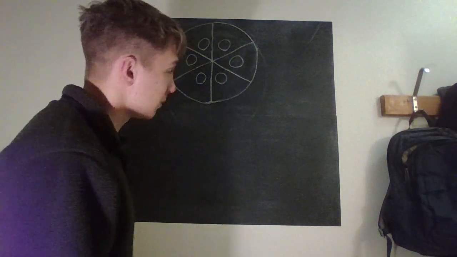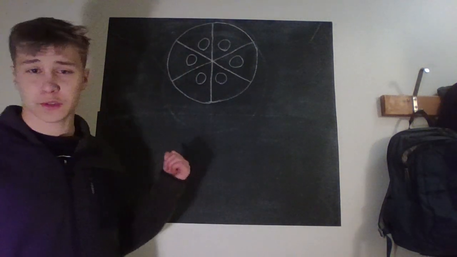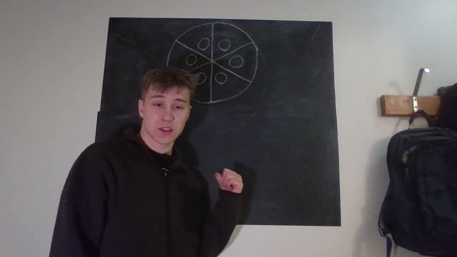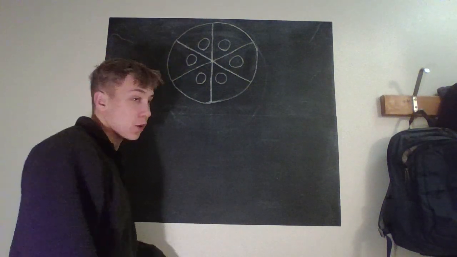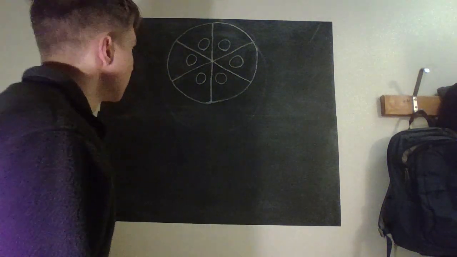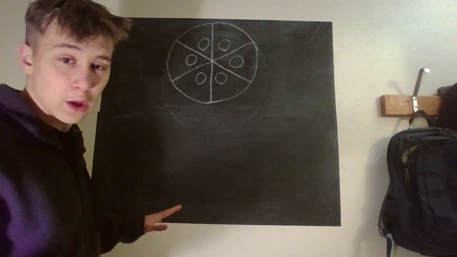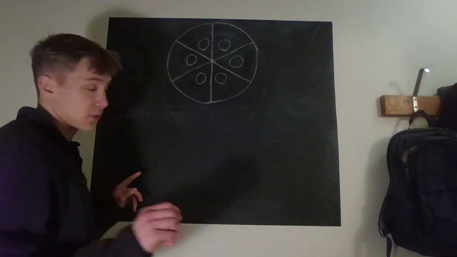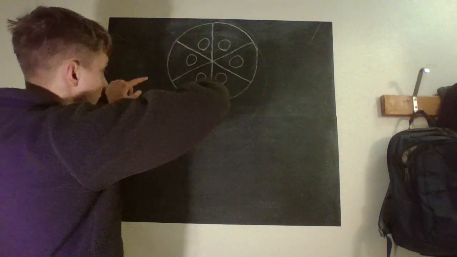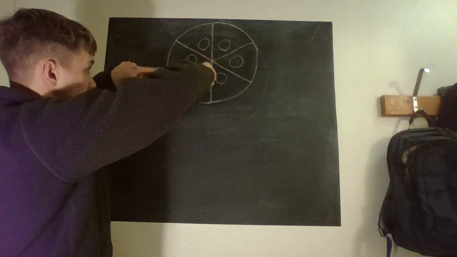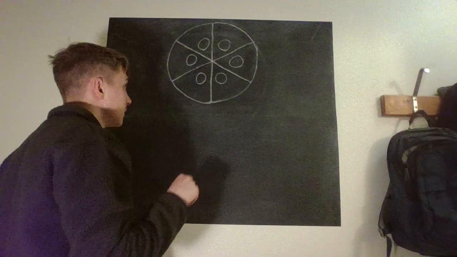Behind me is a perfectly drawn circle representing a pizza sliced into 6 slices with one pepperoni on each slice. You are allowed to pick 2 pepperonis and move them to an adjacent slice in one so-called move.